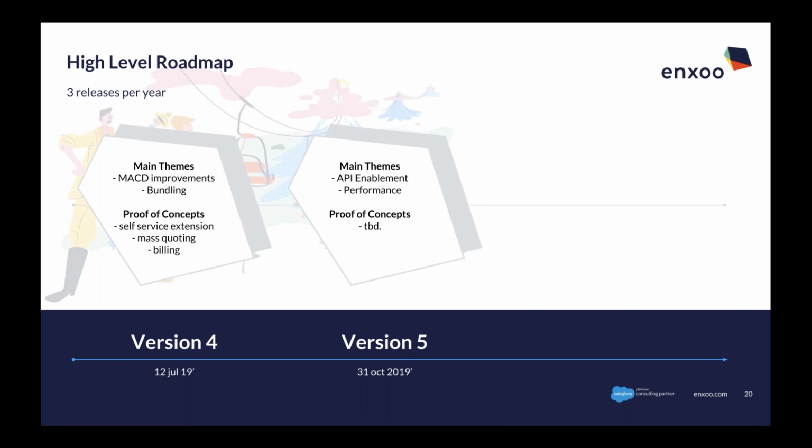So we want to do further work on performance and consider different types of options. And in terms of API enablement, we want to build standard APIs into our application, allowing us to extend the APIs that we already expose to the outside world.